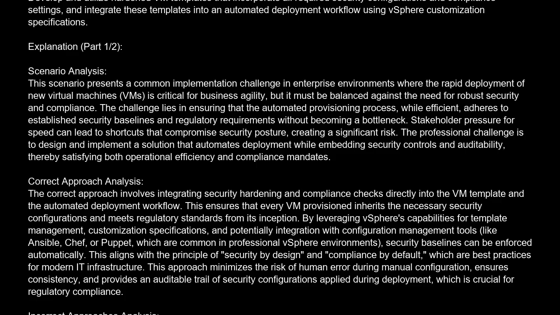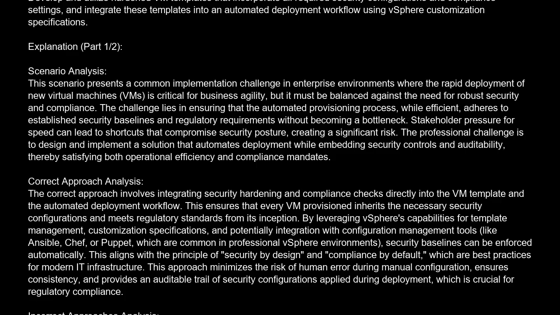Stakeholder pressure for speed can lead to shortcuts that compromise security posture, creating a significant risk. The professional challenge is to design and implement a solution that automates deployment while embedding security controls and auditability, thereby satisfying both operational efficiency and compliance mandates.